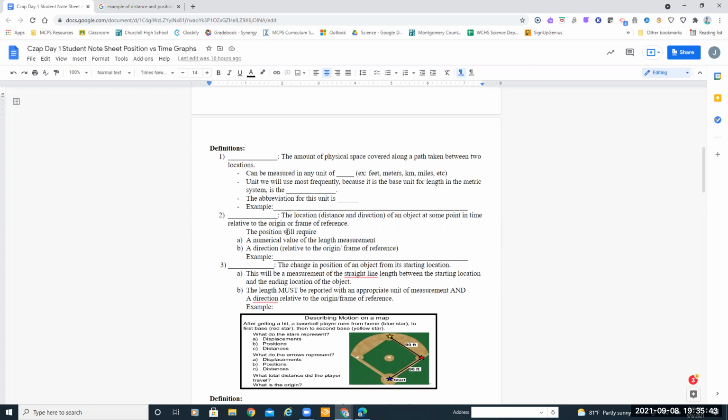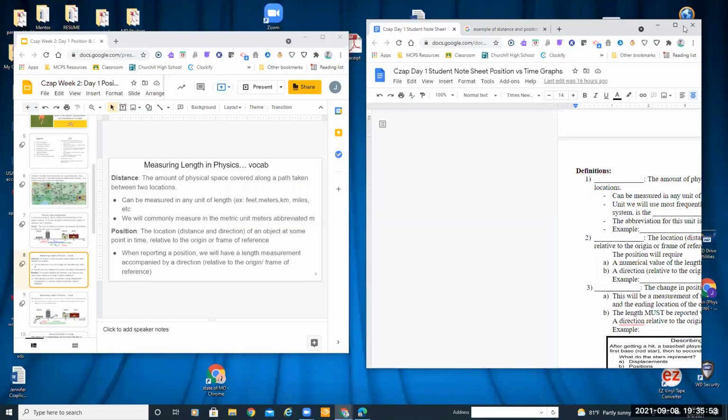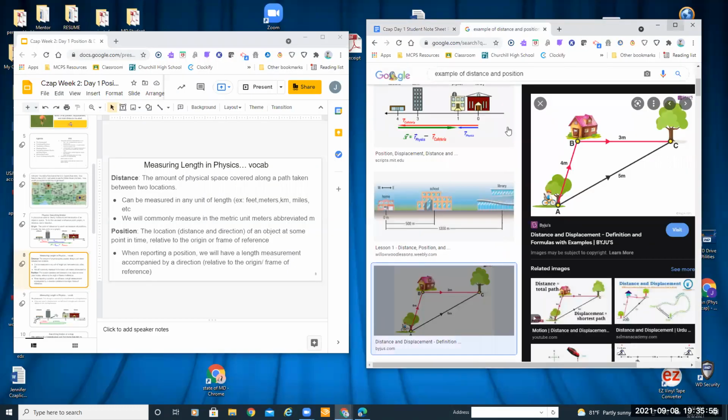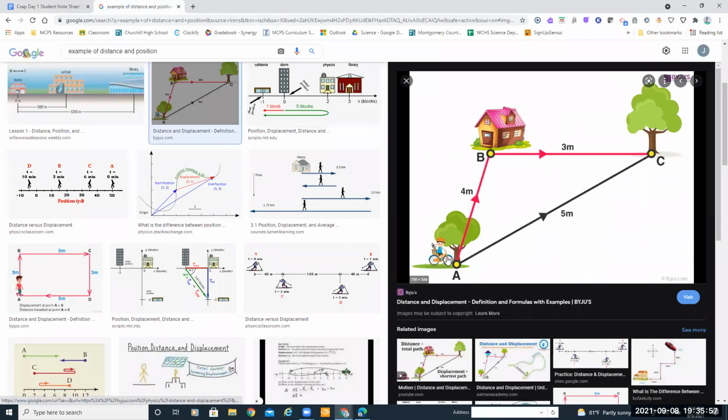Of course, it has to have its units, and a direction that you're traveling relative to the origin or frame of reference. So let's look at an example here. Let the little boy at the small tree, location A, be our origin. We can stick it any place. The position of the house is 4 meters, a little east of north.